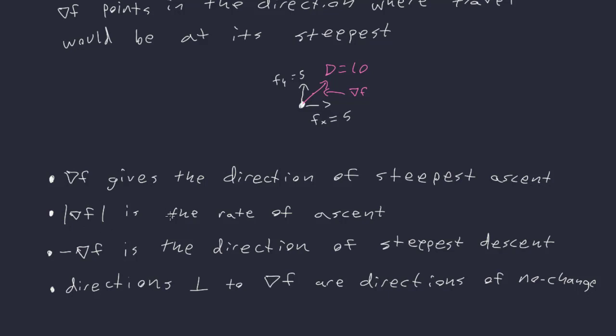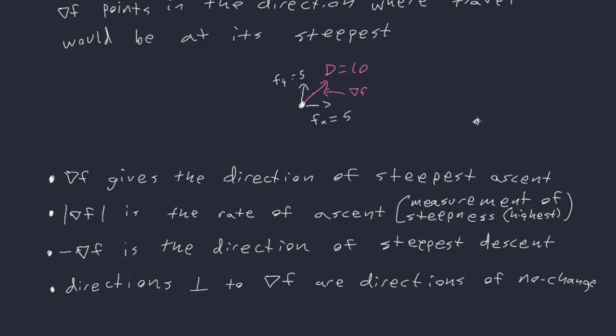The magnitude of the gradient is the actual rate of that ascent. You can think of this as the measurement of the steepness in that direction. And it's basically what the highest steepness possible is from that point. Okay? Now if we negate it, negative the gradient is the direction of steepest descent.